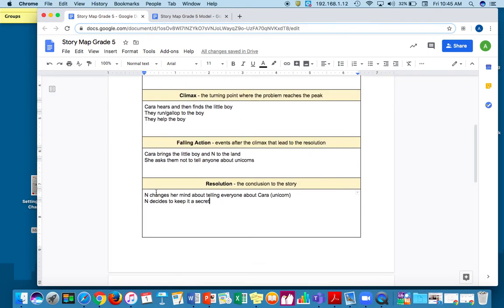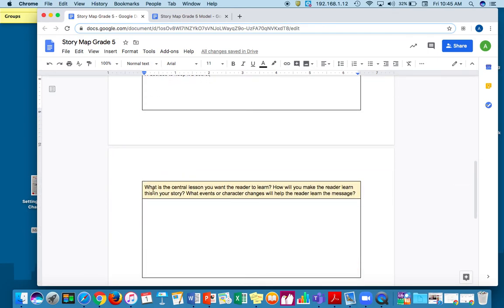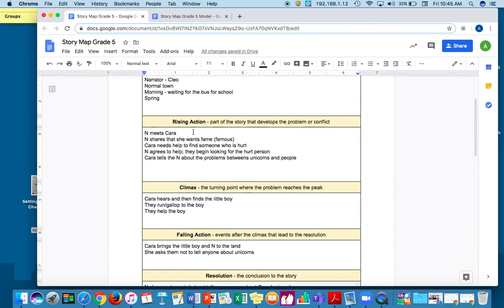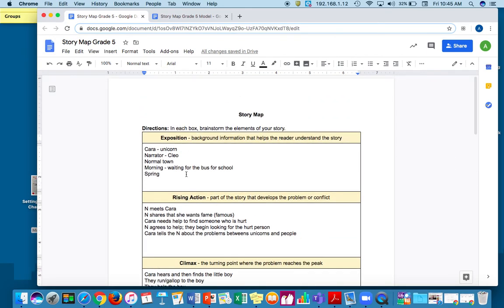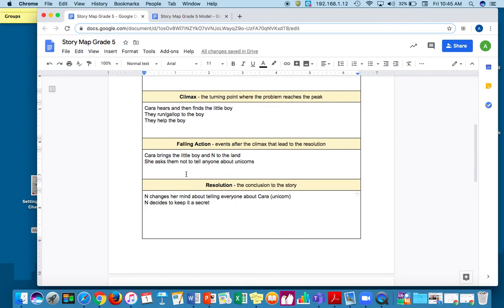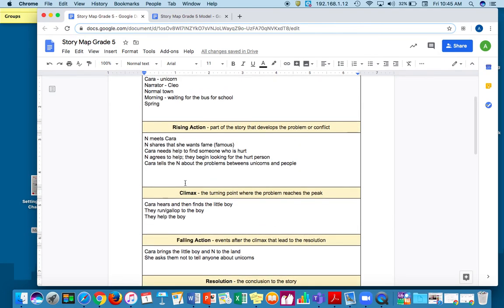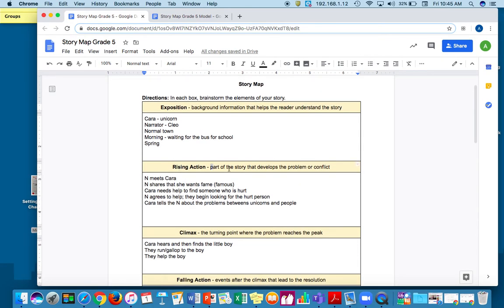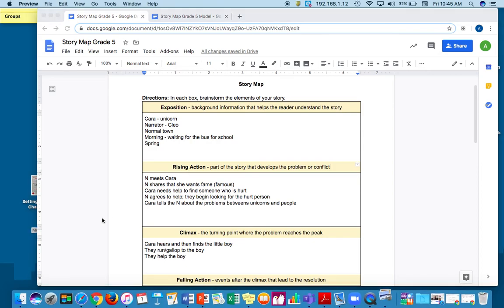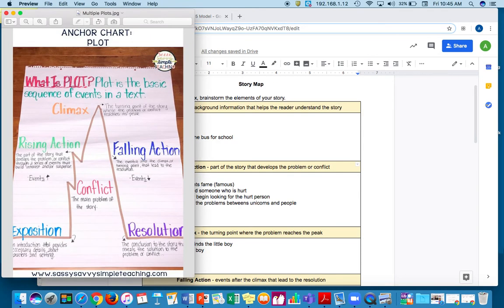At the bottom of your page, or maybe on the next page, you'll also see that there's a part for a central message. Right now, what I want you to do is focus on the plot of the story and finding the different parts of the plot. Remember, the definitions are right here, so if you get confused on what rising action would mean, you can look here. You can also look on this anchor chart. The anchor chart shows the same words, the same sequence of events.